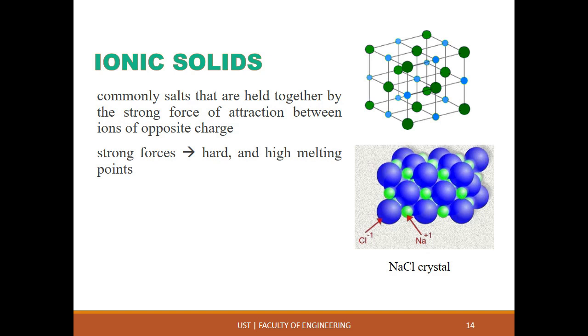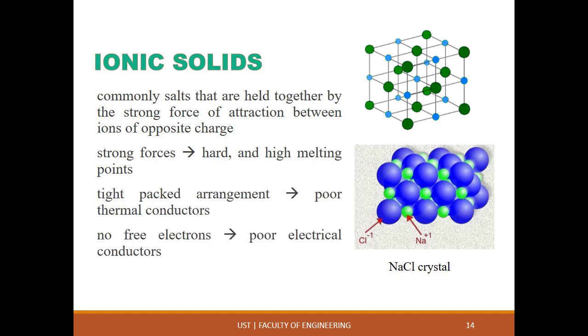Ionic solids are hard and brittle but have high melting points. Since the ions are not free to move about, they are electrical insulators in the solid state. However, when in molten state or when dissolved in water, the ions become free to move about and they conduct electricity. Common examples are solid salts such as sodium chloride.